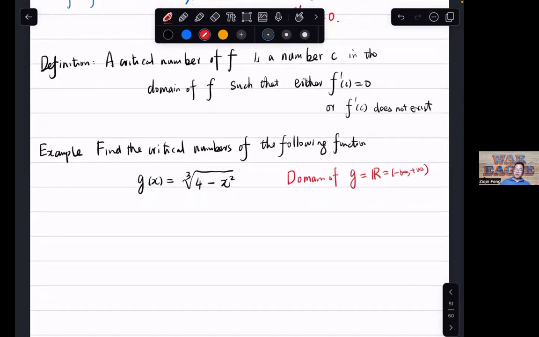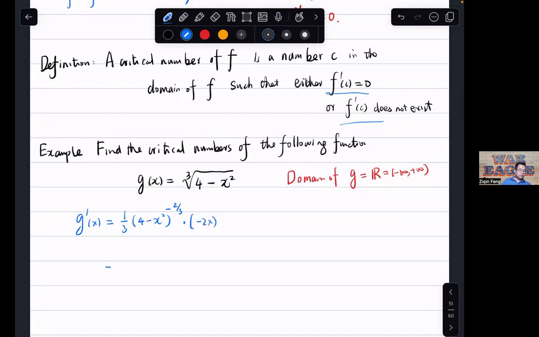Now, how do we do that? No matter which, you are looking at derivatives. Let's differentiate our function. g prime of x is equal to, using the chain rule, 1/3 times (4 minus x squared) to the power -2/3 times -2x. We don't like negative exponents, so let's rewrite everything with a positive exponent.